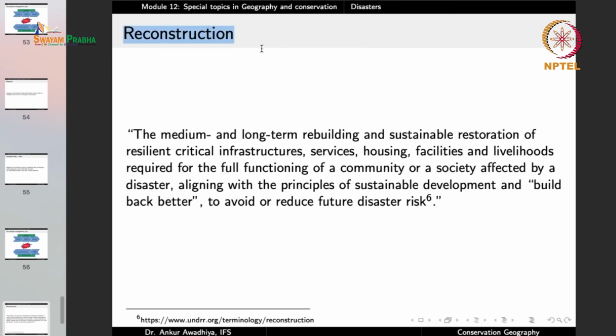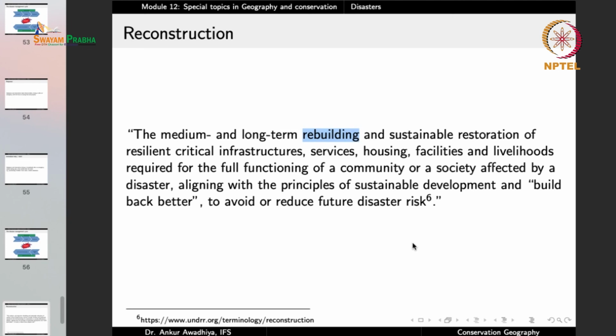So when we say reconstruction, it is constructing again, building again, rebuilding and sustainable restoration of resilient critical infrastructures, services, housing, facility, and livelihoods required for the full functioning of a community or a society affected by a disaster, aligning with the principles of sustainable development and build back better to avoid or reduce future disaster risk.